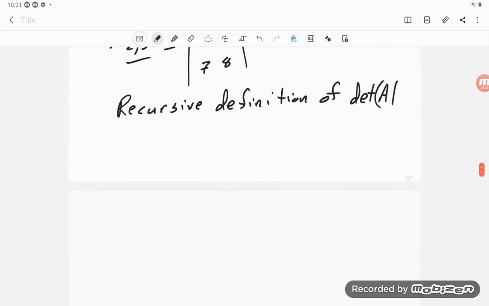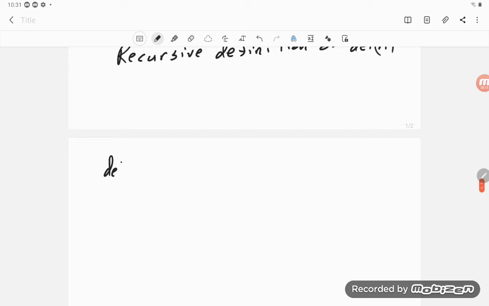We say that the determinant of A is equal to A11 times the minor M11, and then minus A12 M12, and then plus, and we'll go alternating plus and minus.